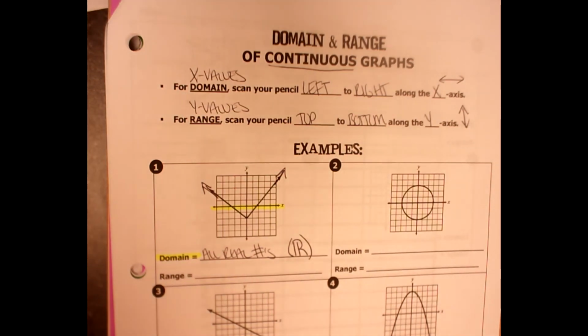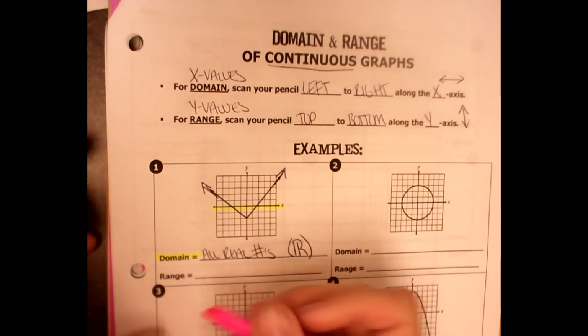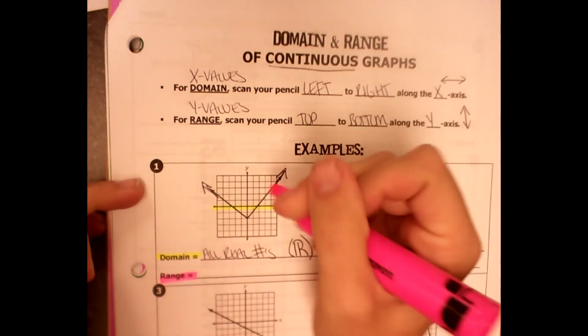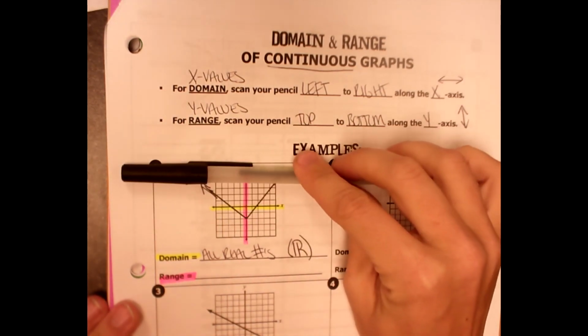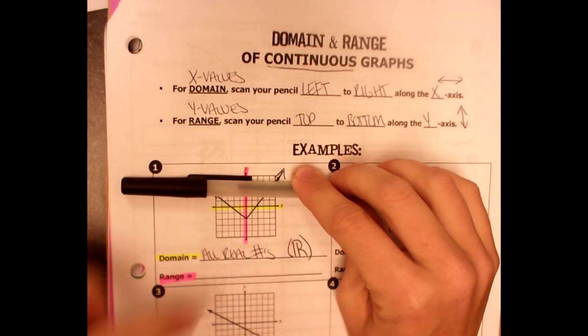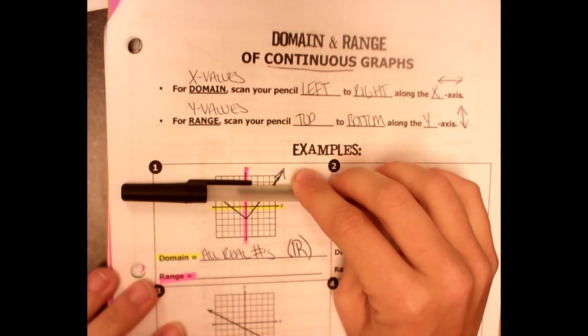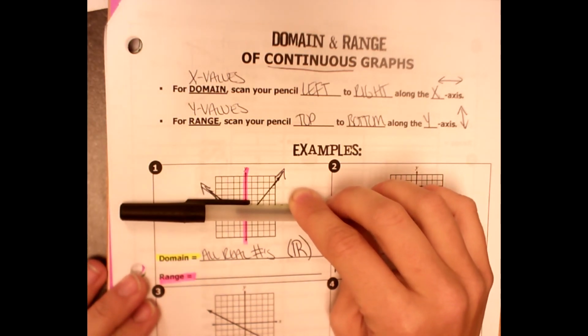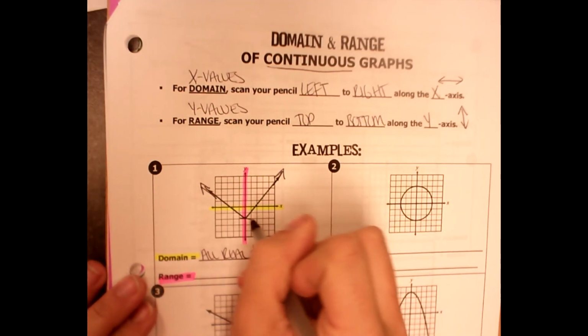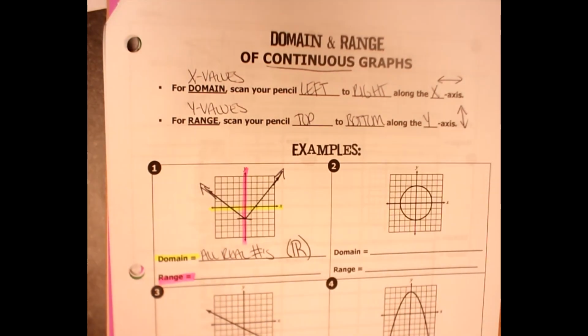The range, we'll be looking at the y-axis. So we're going to scan our pen top to bottom. So when we start at the top, if you look, those arrows are going up. So we're going to have all those numbers up there, but then we stop. Our pen does not go past that y value.